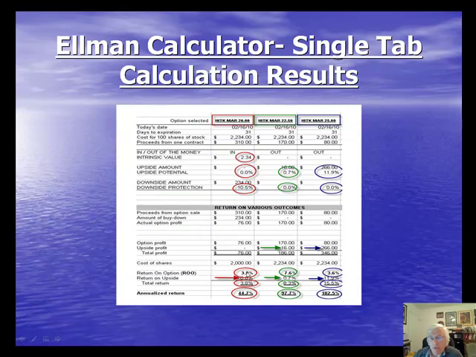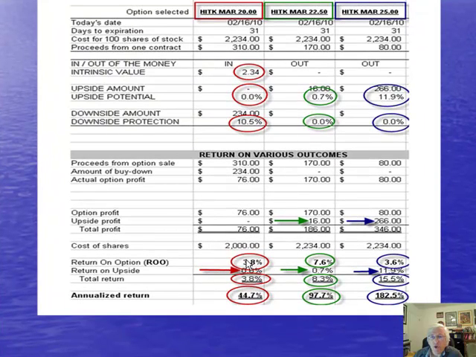The third row of circled percentiles from the bottom shows your initial option return. So the first column is the $20 in the money strike, and you can see that generates a 3.8% initial profit. Once again, that's just time value. The calculator will deduct the intrinsic value for you.